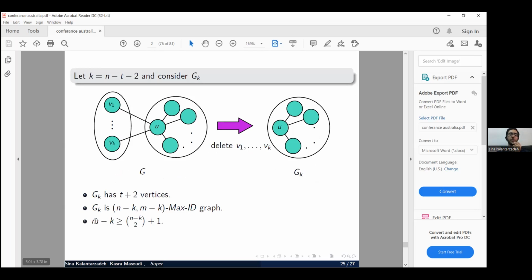This inequality holds for its number of edges and number of vertices. As we proved in theorem 1, the t plus 1 vertices of largest degree in Gk form a complete graph of order t plus 1, which they also form in G.